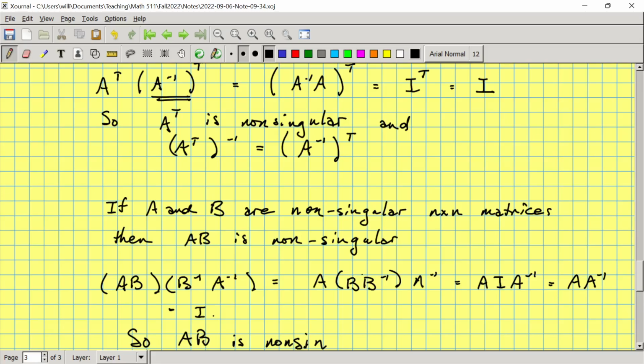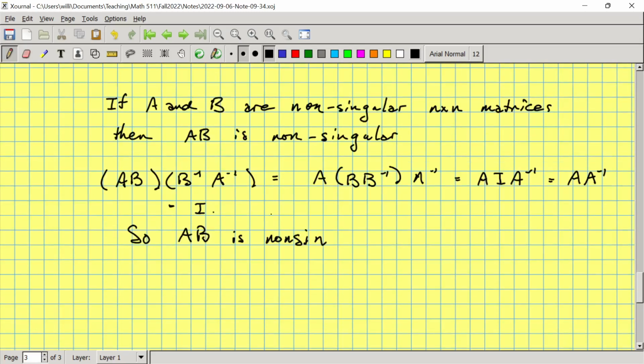Maybe we should pull this up a little bit because I don't want the recording to not see it. And the inverse of A times B is that matrix I used, B inverse A inverse. So you see that they get reversed just like they do with transposes, don't they? If I want to move the inverse inside the parentheses, I have to reverse them.